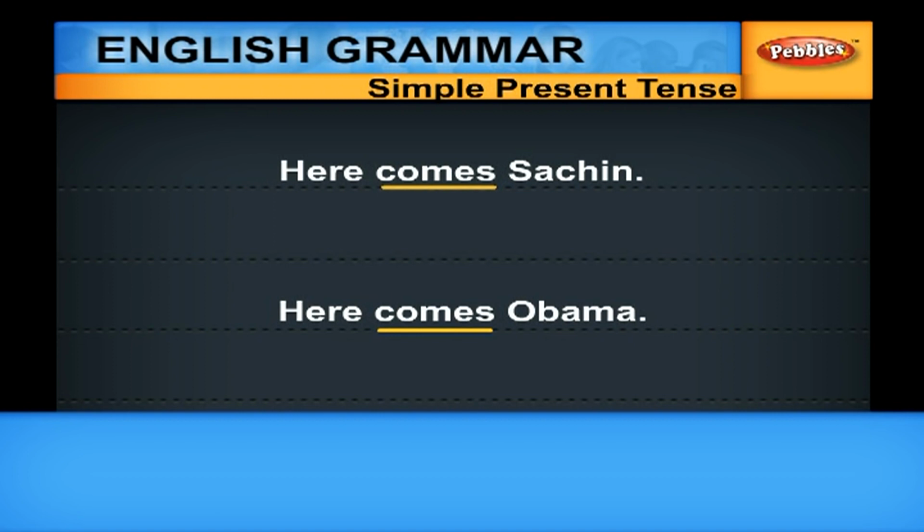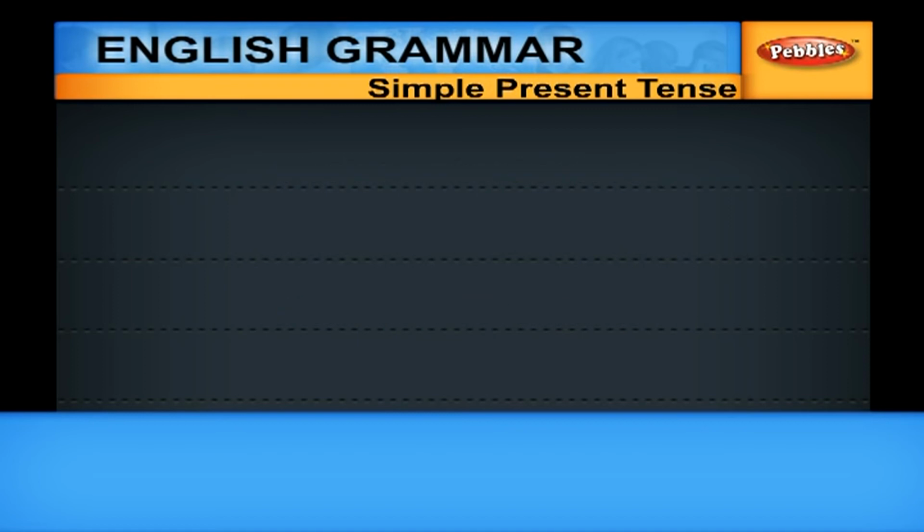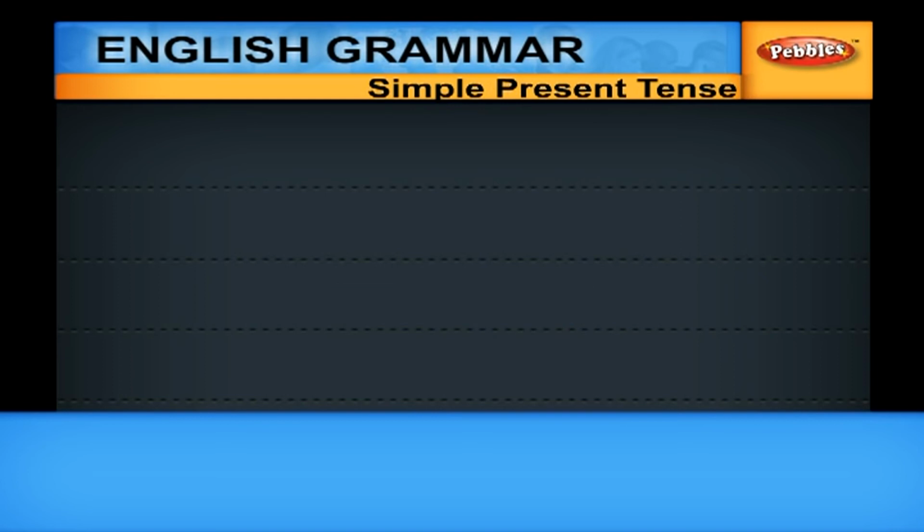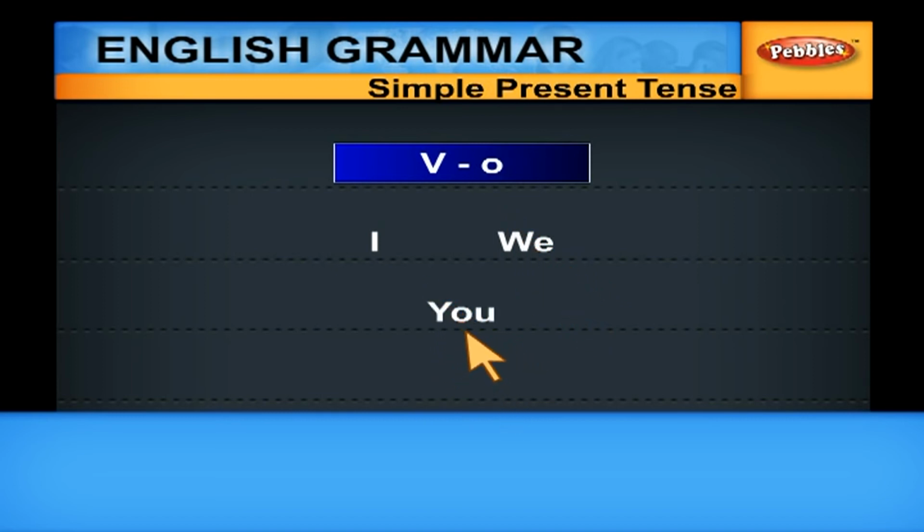So, what are all the important things that you have to remember about a simple present tense? In the simple present tense, you are going to use VO and VS forms. VO in the case of first person singular and plural, second person singular and plural, and third person plural.